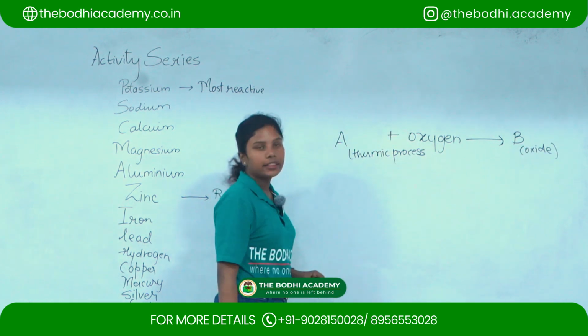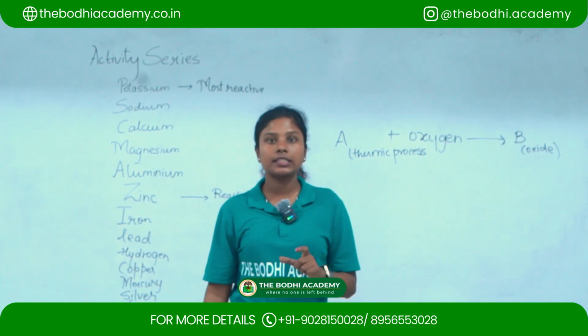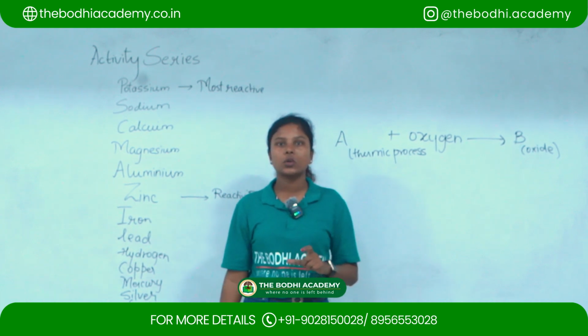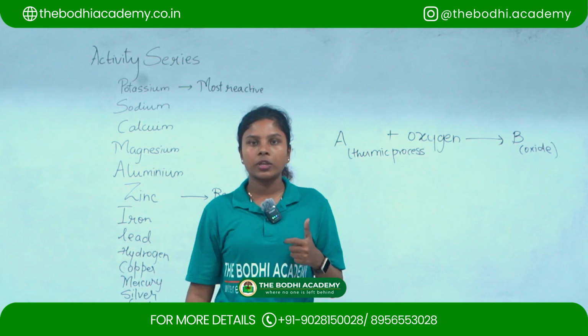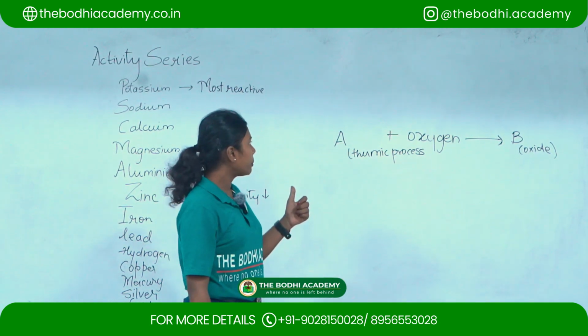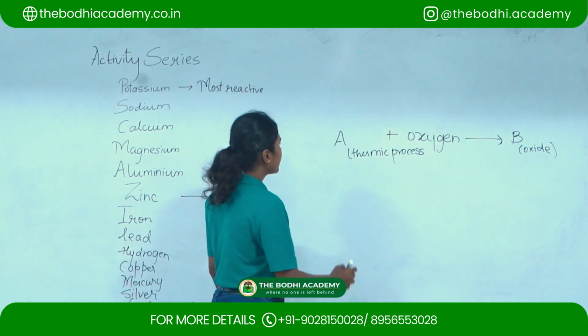If we look at the thermic process, we know one very important reaction from the entire chapter, the thermite process. In this thermite process, there is evolution of a lot of heat, so it is a highly exothermic reaction. One very important metal associated with this reaction is aluminium.